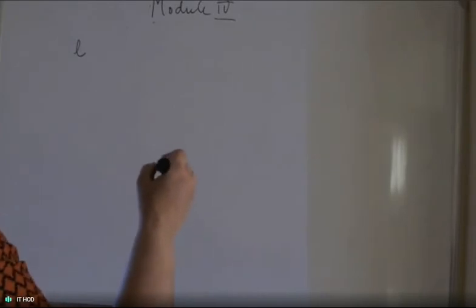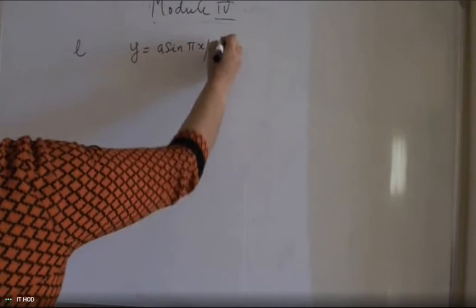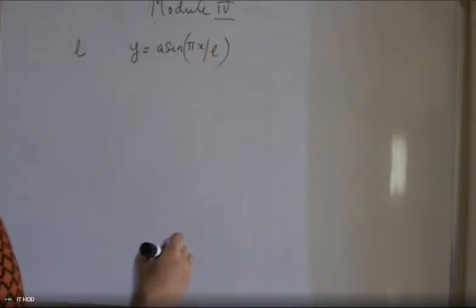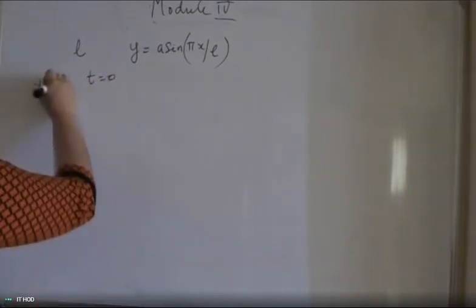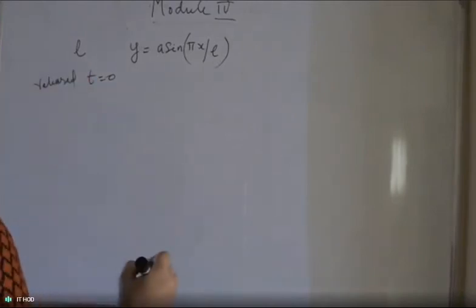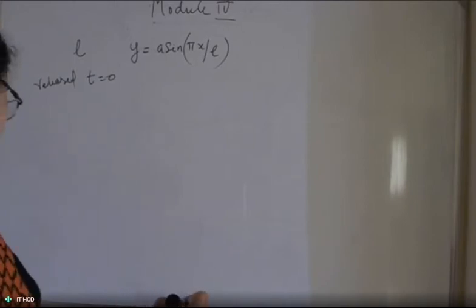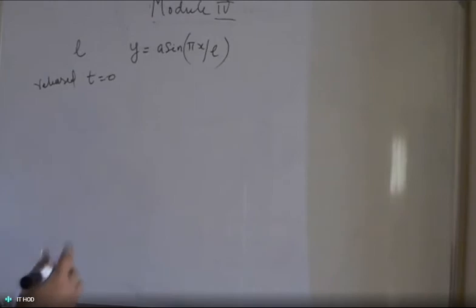Motion is started by displacing the string in the form y is equal to a sin pi x by L, from which it is released at time t is equal to 0. Show that the displacement of any point at a distance x from one end at time t is given by y(x,t) is equal to a sin pi x by L cos pi ct by L. That is in the PDF, the first problem. If you have it, you can just look through that.